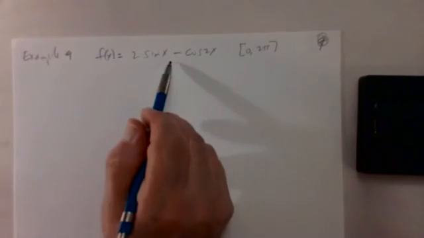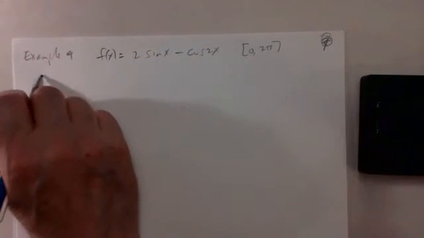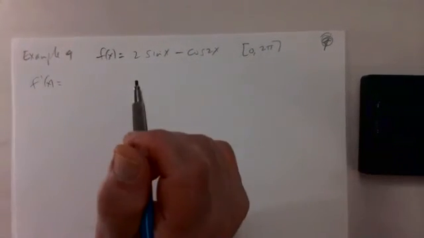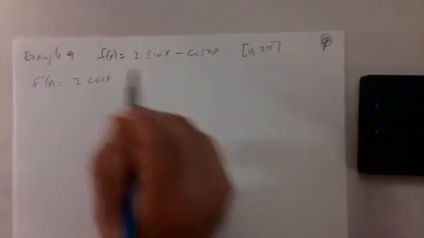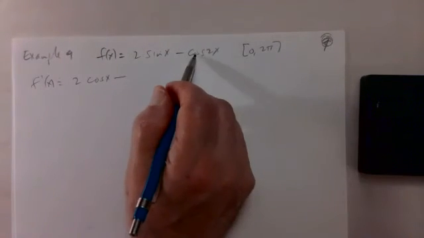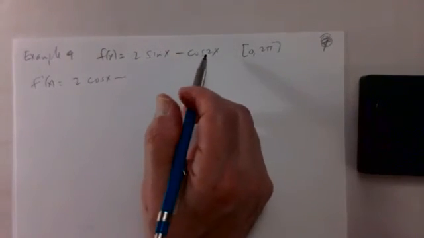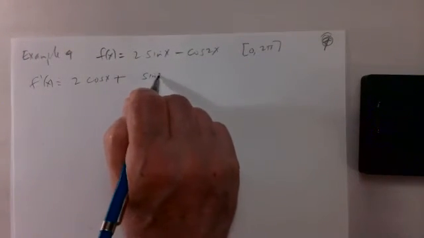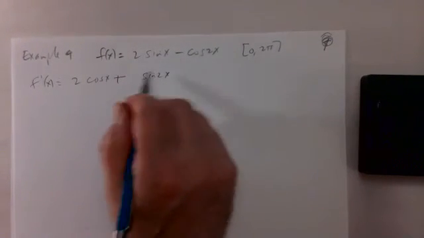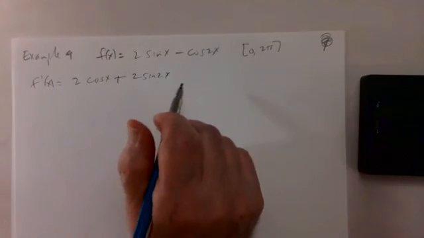We need to find the critical numbers. Well, the derivative is 2 cosine x plus 2 sine 2x. The derivative of the sine is the cosine. The derivative of the cosine of 2x by the chain rule is plus the sine of 2x times the derivative of 2x, which is 2.